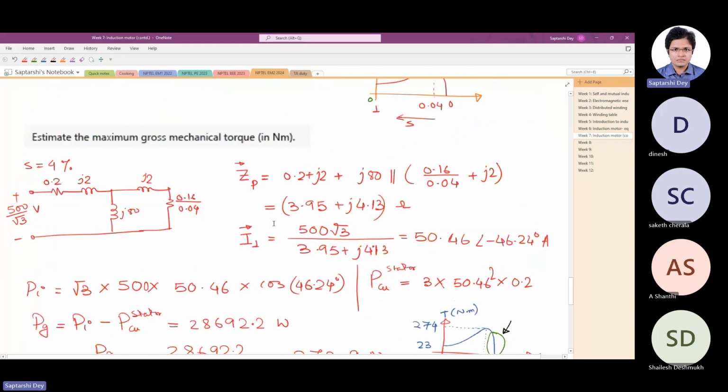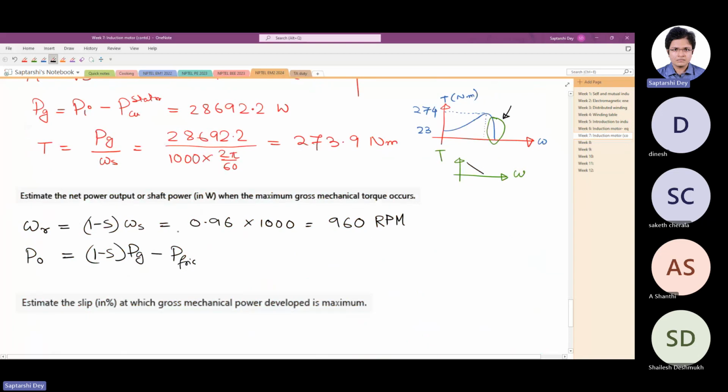So 1 minus s is 0.96 times PG, which you can still see on the screen, 28692.2, minus friction loss 1600 watt.